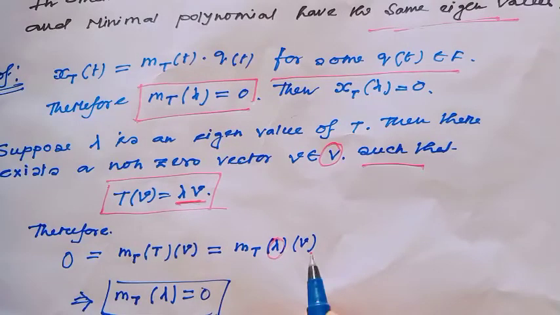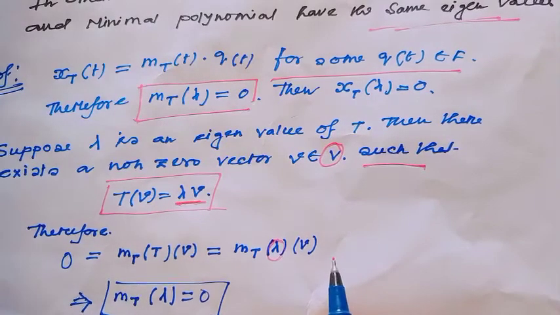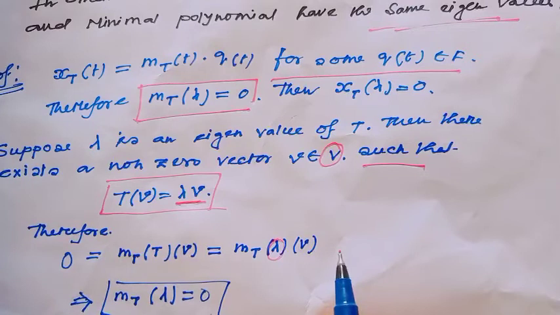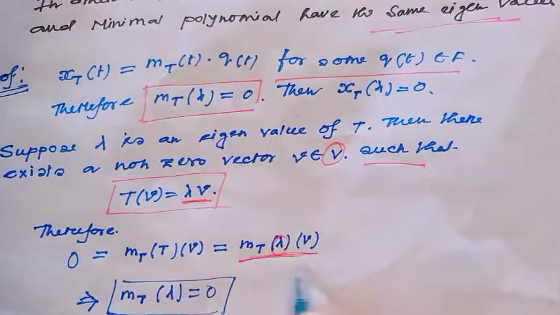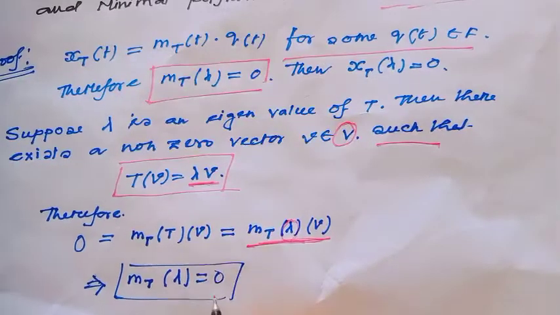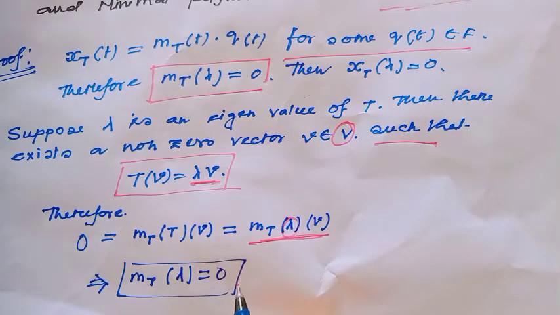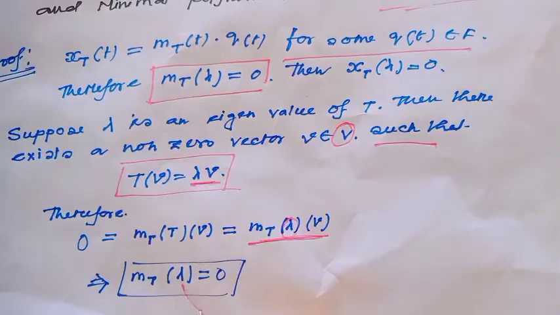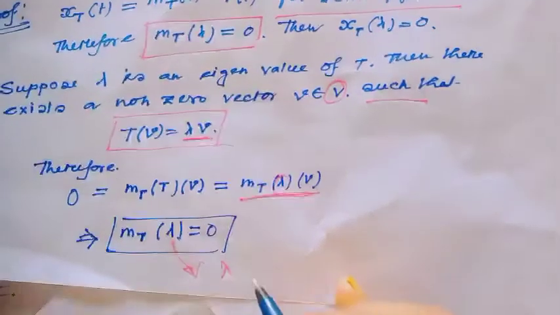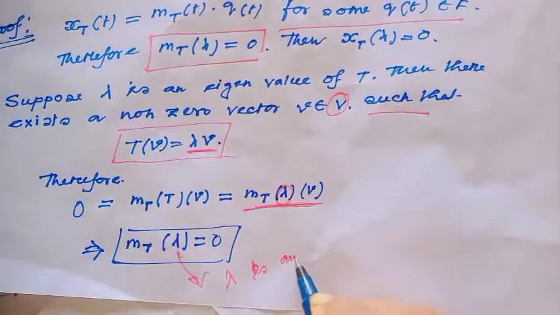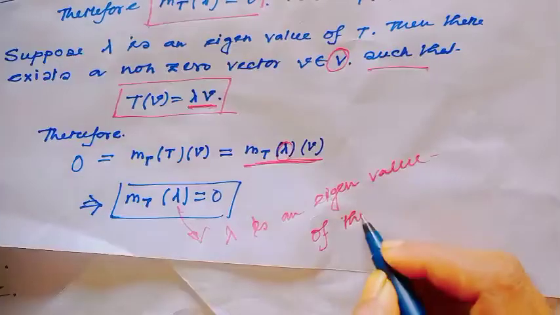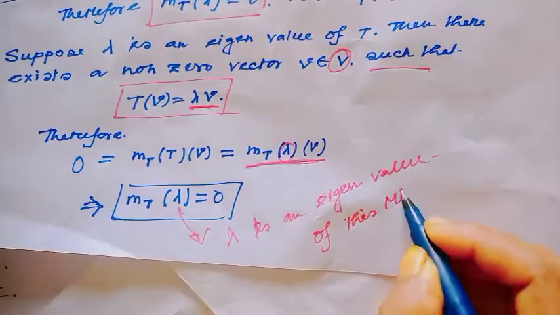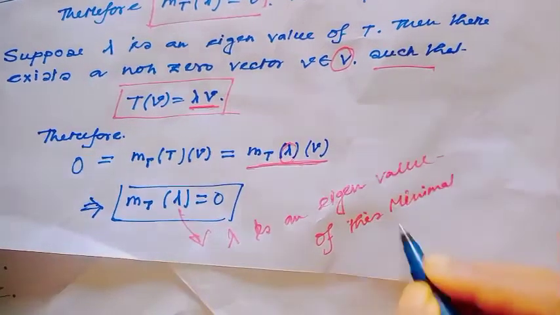Since v is a non-zero vector, that implies m_T(lambda) equals 0. Are you getting? That means lambda is an eigenvalue of this minimal polynomial. Okay?